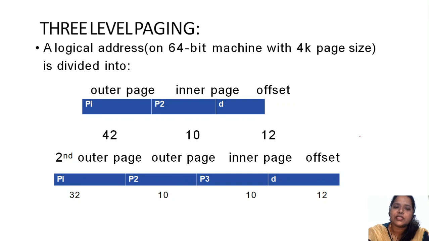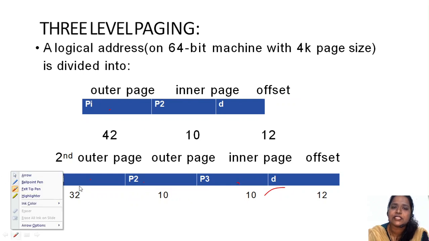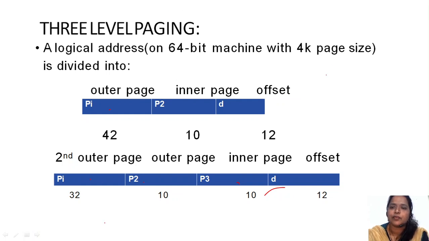Three-level paging: here P1, P2 and displacement are there. This P1 is further divided into P1, P2 and P3. If it is a 64-bit address, 12 bits are already the displacement, right?